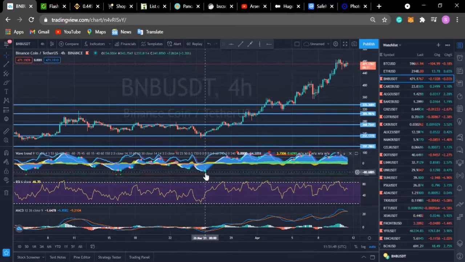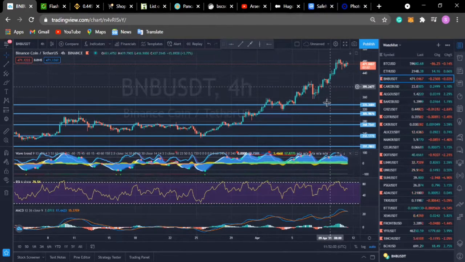Now look at this. It bought here, went up, sold a little. So when you follow these dots, the red dots indicate that there's a decline, sell, and the green dot indicates that the price is actually going to go up. That's basically what you need to know about the wave trend oscillator.